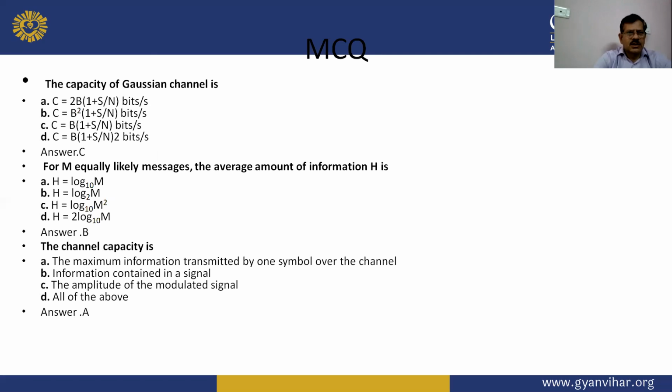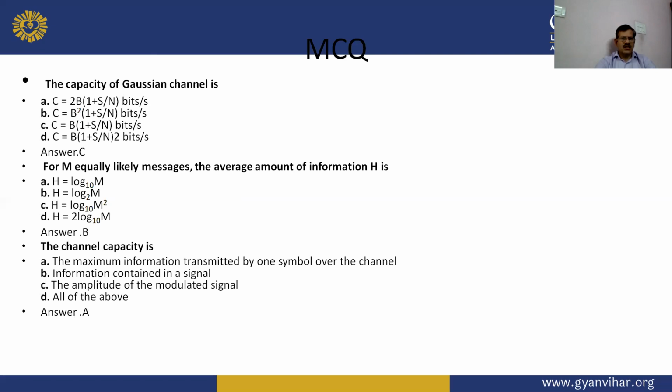Question one: the capacity of a Gaussian channel is: option A, C equal to 2B (S plus N) upon N bit per second; option B, C equal to B squared (S plus N) upon N bit per second; option C, C equal to B log(1 plus S upon N) bit per second; option D, C equal to B into (1 plus S upon N) into 2 bit per second.